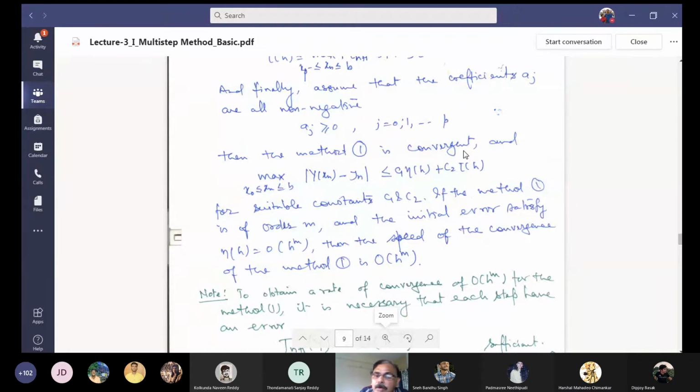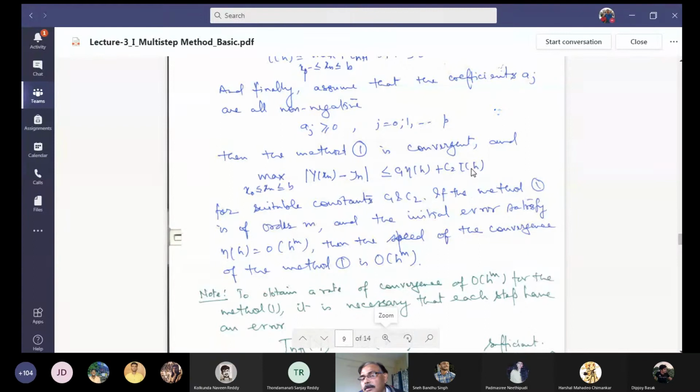Tau h is the order of the method for your remaining values from y_{p+1} onward, right? Now here tau h means what? Tau h means 1 by h times local truncation error. Is that right or not? Yes, sir. This is so I want your response basically continuously. Tau h is the order of the method, means h times tau h if we write, that will be what? Local truncation error for what?